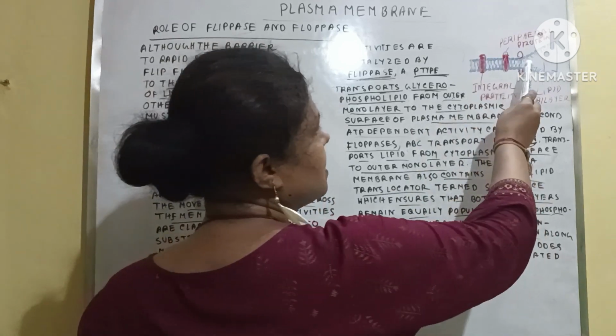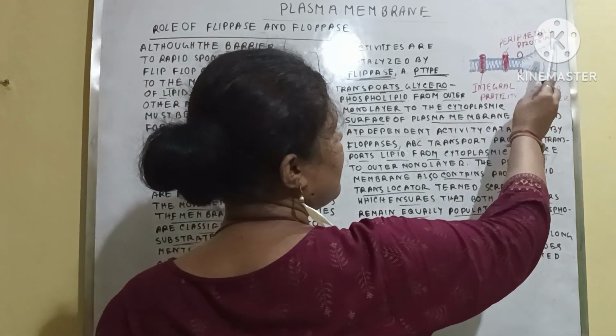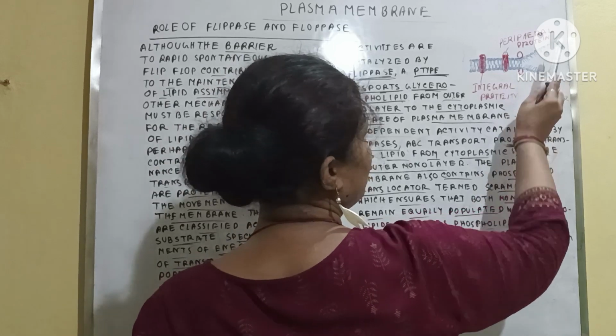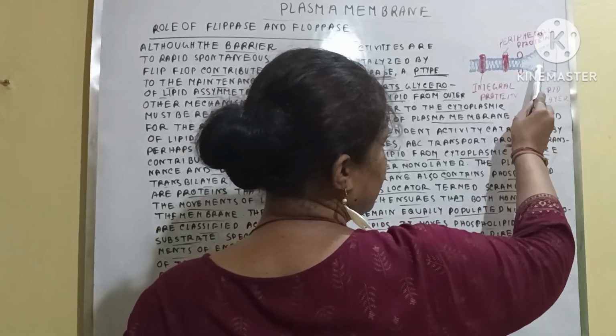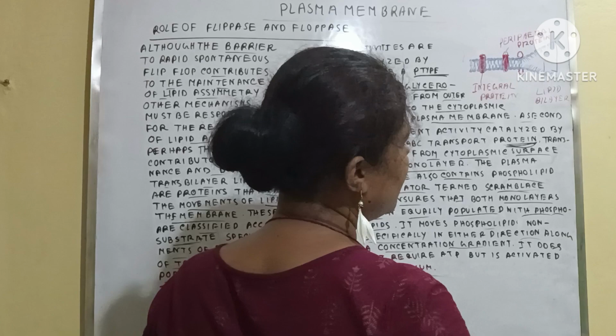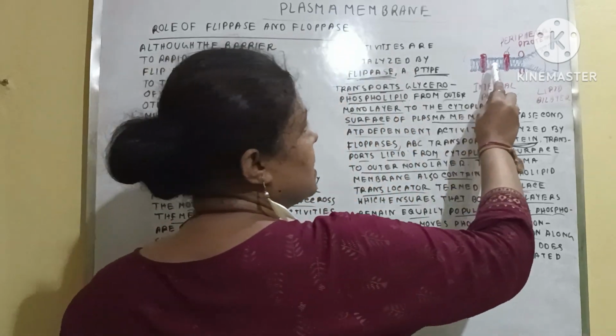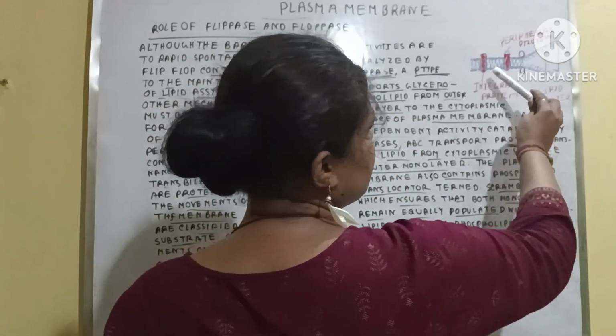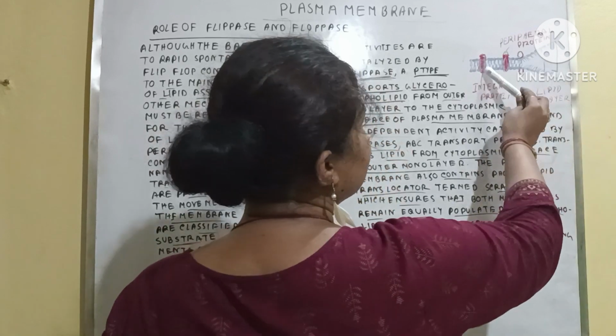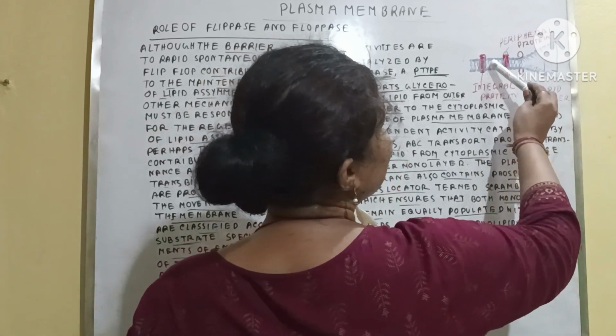This is one lipid monolayer, and this is another lipid monolayer. This is the head of one lipid, and this is the tail of the lipid. Clear? The heads are arranged on the outer side and the tails on the inner side.